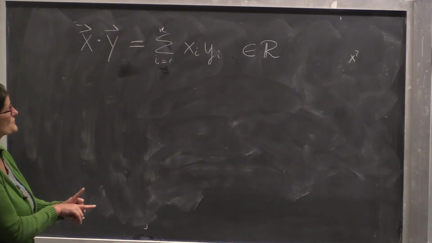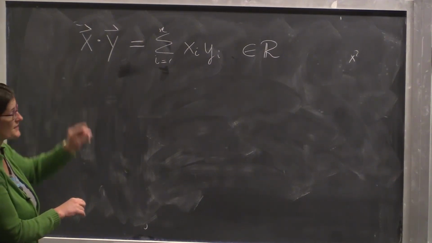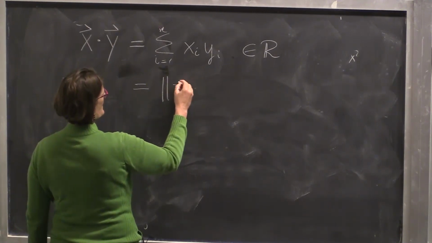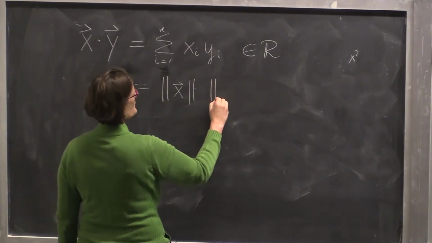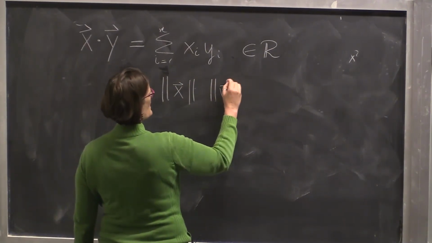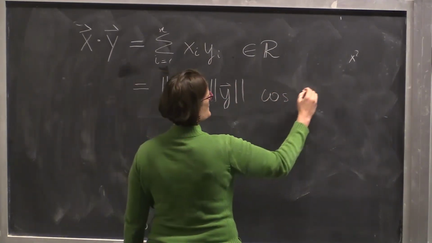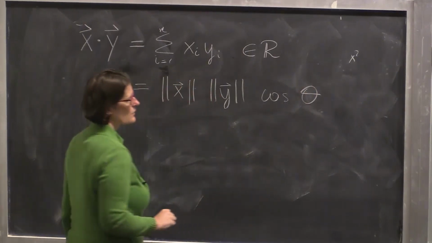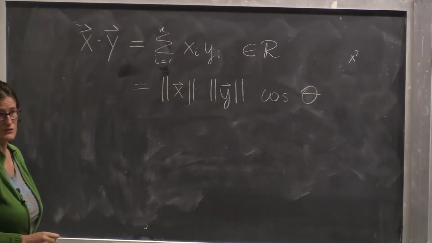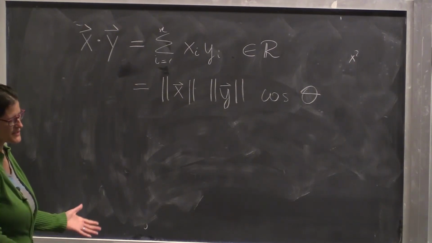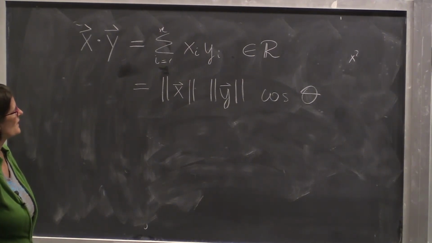So the dot product is equal to the length of y times the length of x times cos theta, where theta is the angle between the two vectors within the plane that they live in.